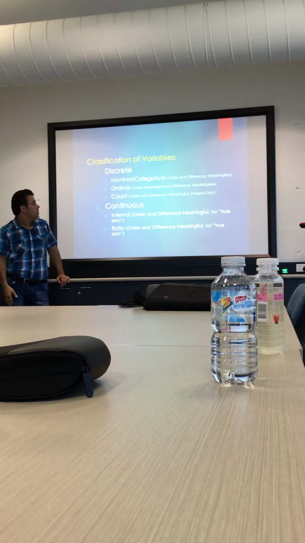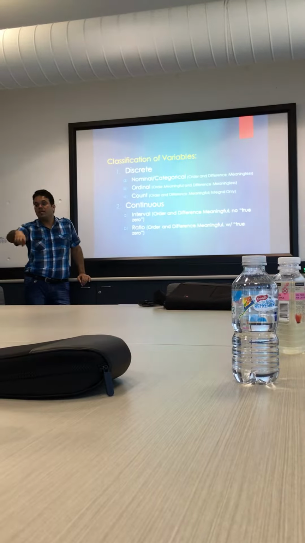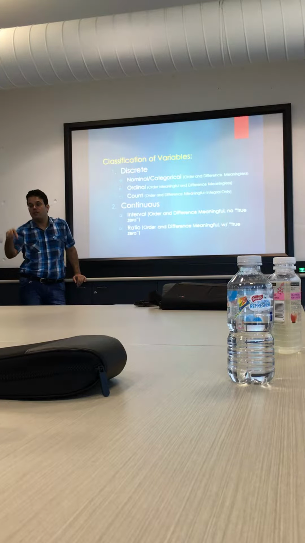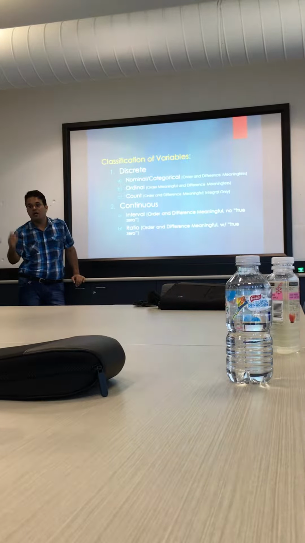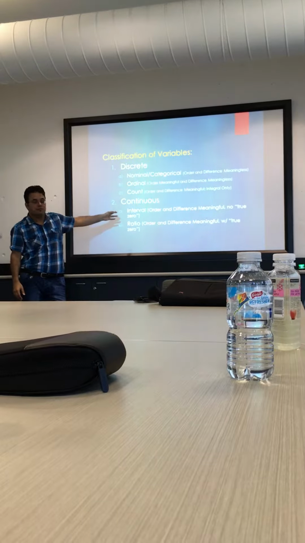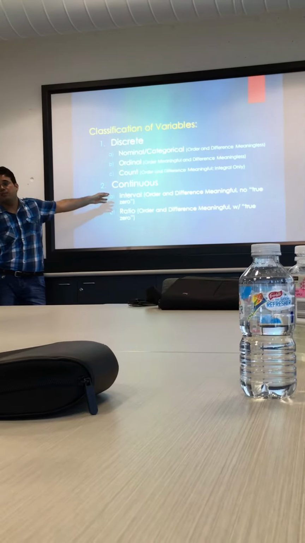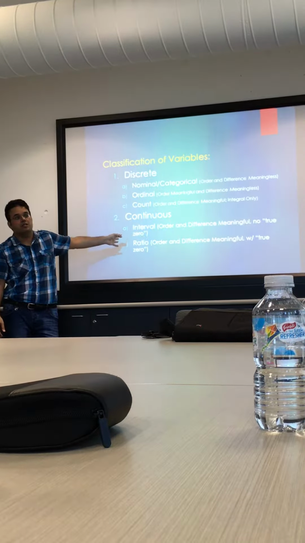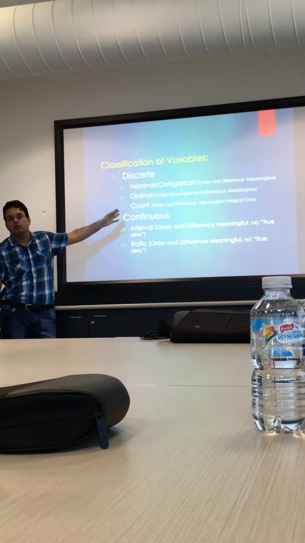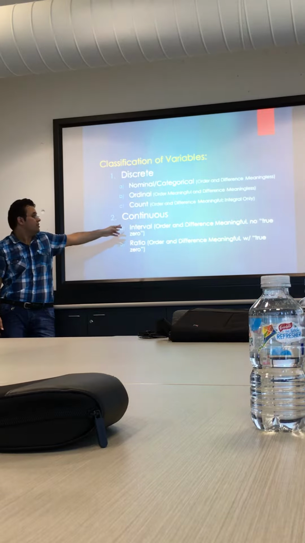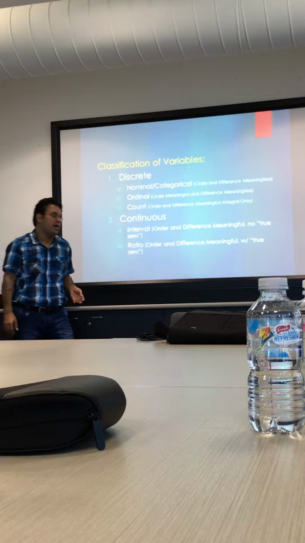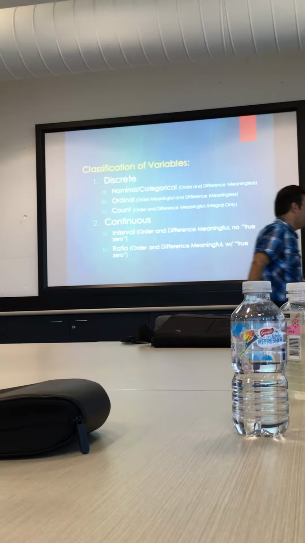Count, like when I pick balls from a box, the balls, this is count. Continuous, we have interval, like temperature, and we have ratio scale. This is actually the most common continuous data type, ratio scale, like height, weight.